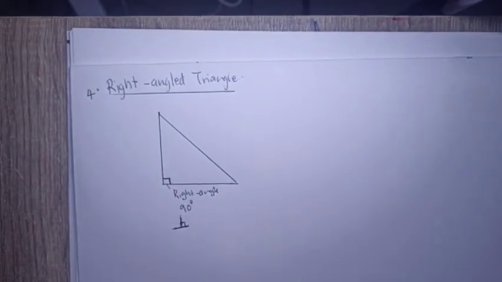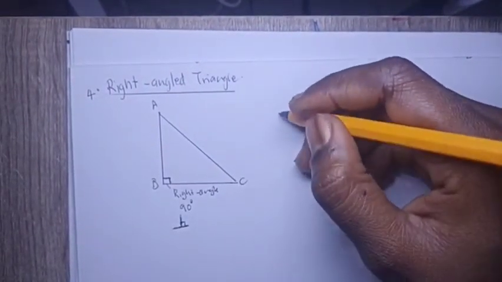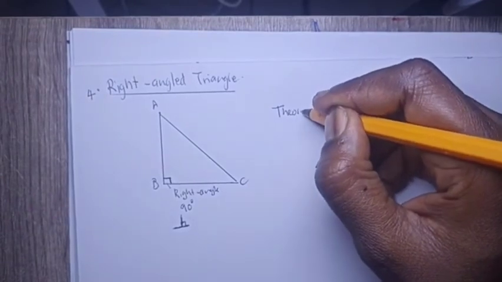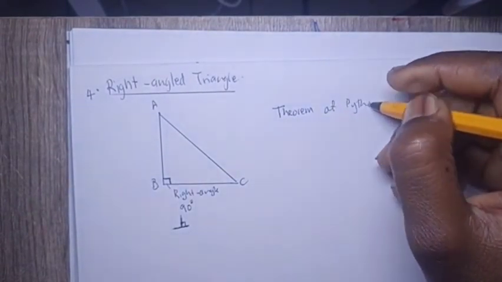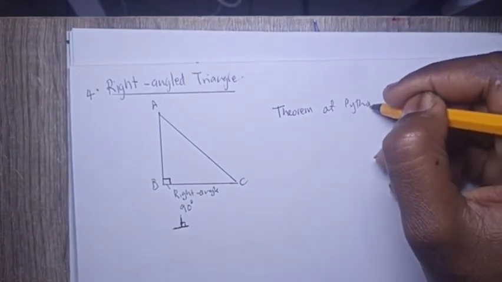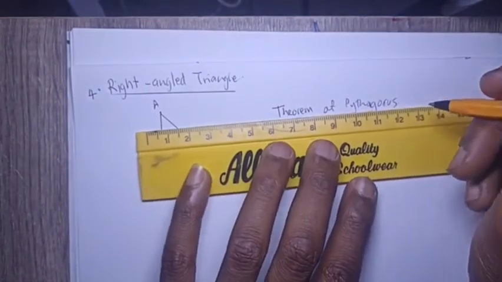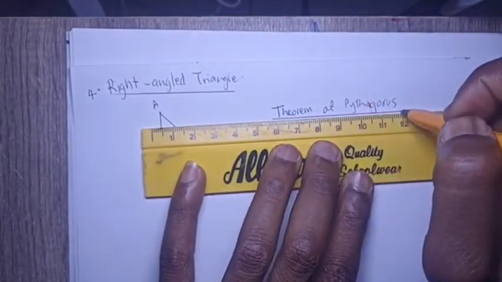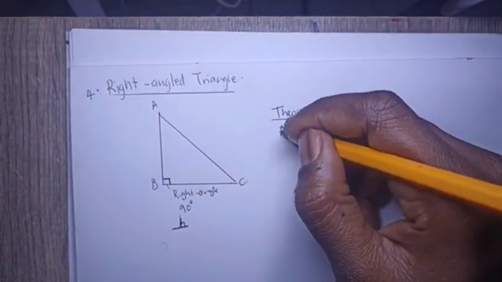So we can't say much about this for now, but we're going to do what we call the theorem of Pythagoras. Yes, we're going to be doing this question, but I'm just going to write out the formula.